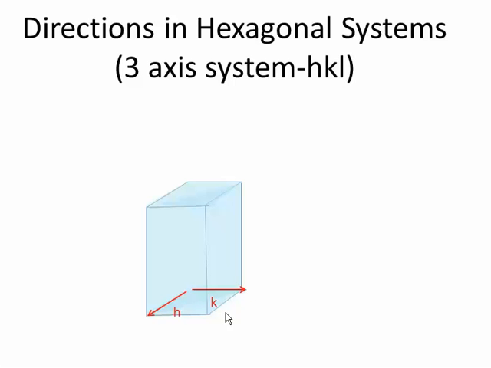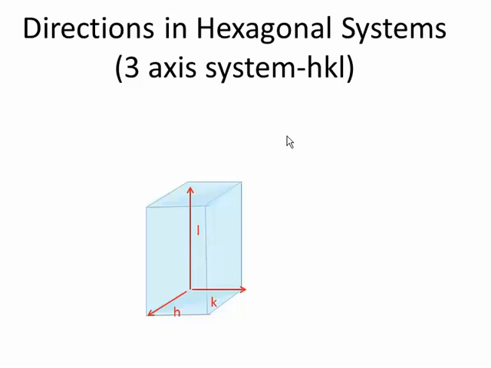Let's call that K. And then perpendicular to the plane containing H and K, let's define a unit vector L. These are the three unit vectors that make up the three-axis system.